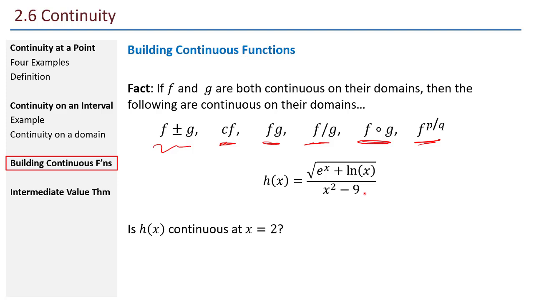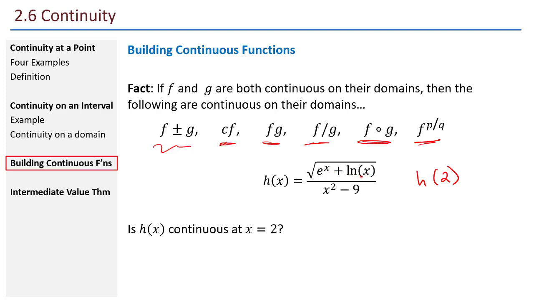Well, all I have to do is determine, is 2 actually in the domain of h? Does h of 2 exist? And with a little bit of work, you can tell, yes, it does. I can plug 2 in for x down in the denominator and I don't get 0. 2 is in the domain of natural log, 2 is in the domain of e to the x, so it's in the domain of both of those.